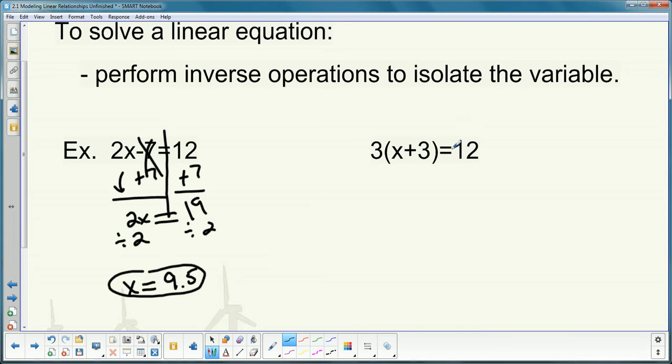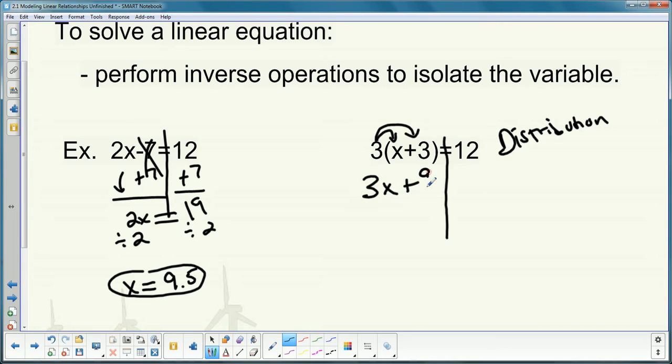The other example we have here, and there are a couple different ways to solve this one. The way I'm going to show you how to solve it is with distribution. We can't forget that when we have a 3 outside the parentheses here, it means we have to distribute it, which is multiplication again. So 3 times x is going to give us 3x, plus we also have to do 3 times 3, which is equal to 9.